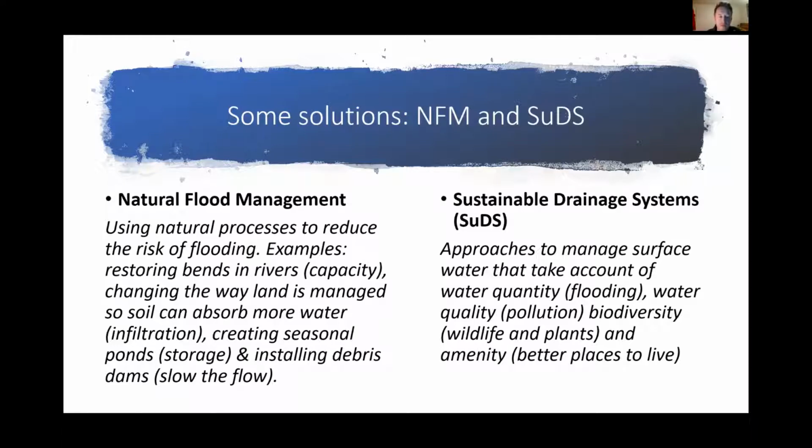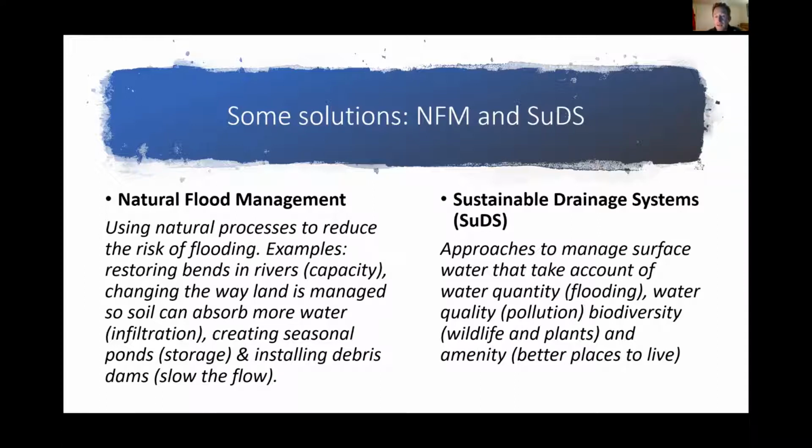Creating seasonal ponds, which increases storage, and installing things like debris dams, which have a great capacity to slow the flow of water.